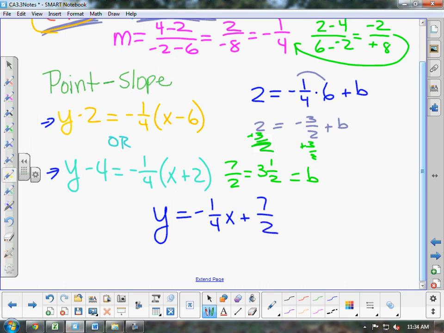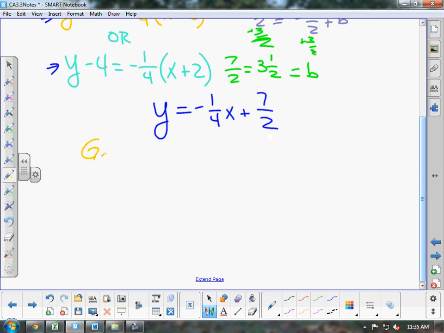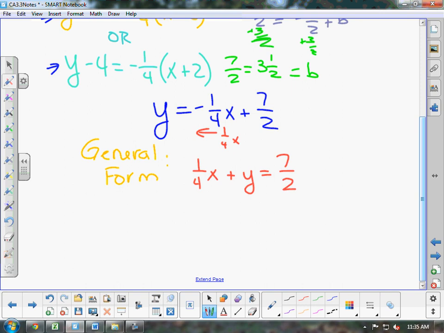Now then, if you were going to take this and turn it into general form, you would first move the x value to the other side so you can get them both on the same side by adding 1/4 x. So you'd have 1/4 x plus y equals 7/2.